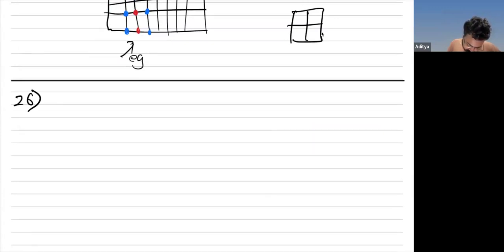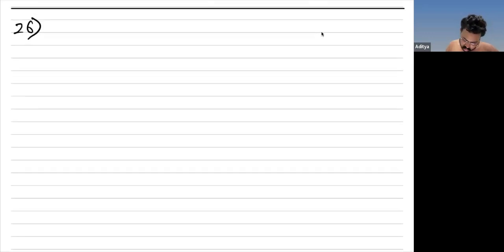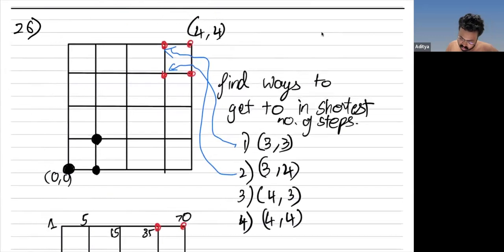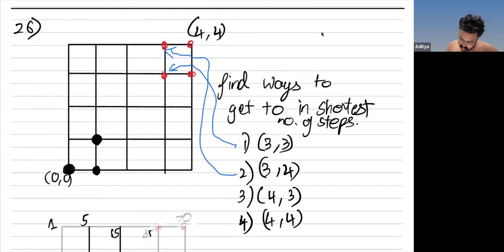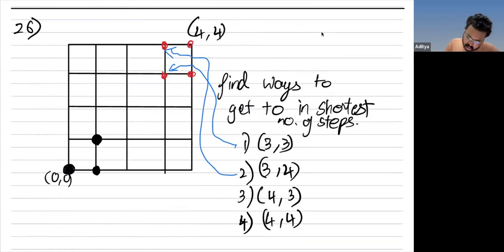Find the number of shortest steps to go from 0, 0. How many ways to go from 0, 0 all the way up to all of these coordinates?